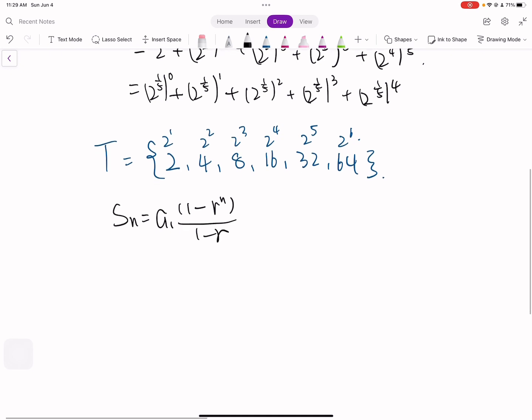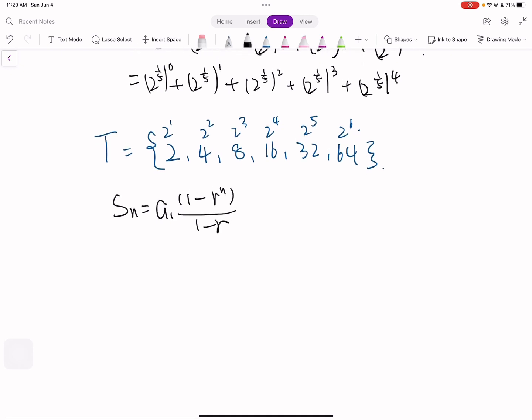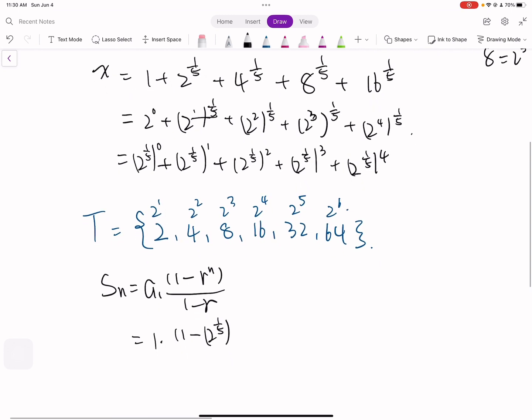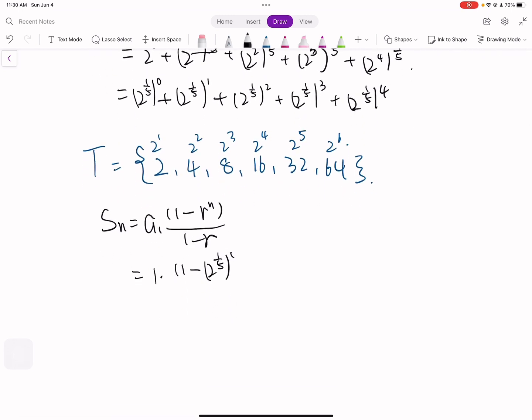Alright. So in this case, A1 is 1 because that's 2 to the power of 0. So 1 times 1 minus the common ratio, which is 2 to the power of 1/5, to the power of the number of the last term that we want to find, which is 5 in this case.